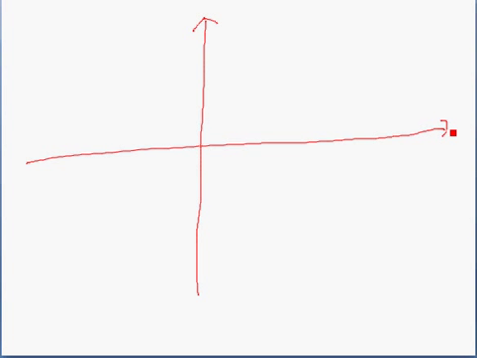Okay, so let us draw the transformed graph step by step. First of all, the x coordinates are not affected, so my vertical asymptote x equals negative 6 remains.